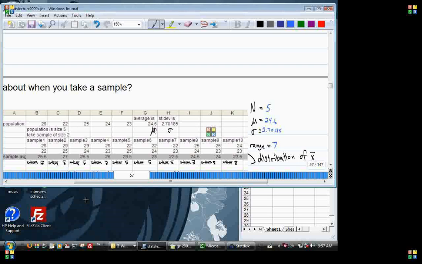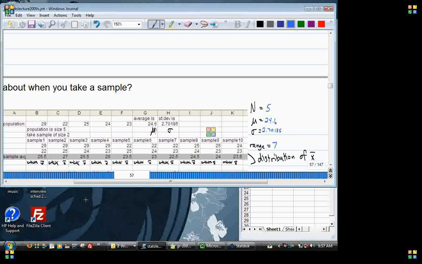Yeah, that's exactly right. Benny made a good point. This looks like a 10-number survey. So you're right in a sense. What we have when we take a sample, you could think of it this way, is we have a set of possible values for X bar.